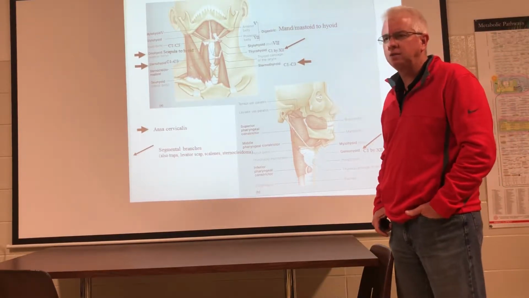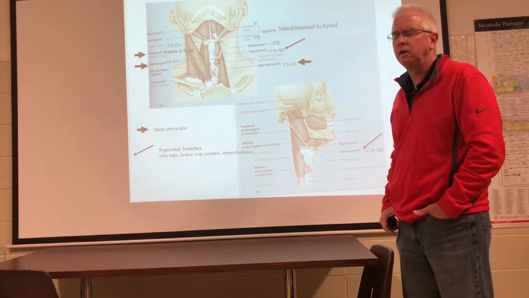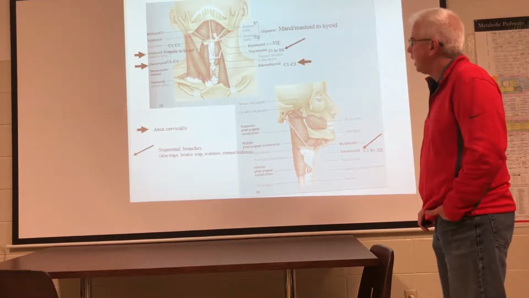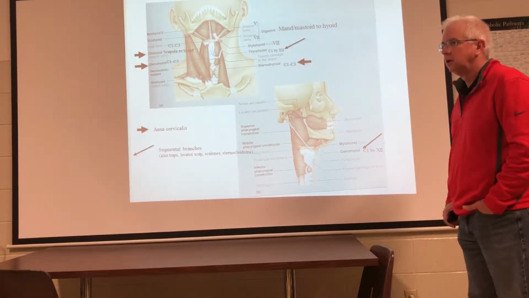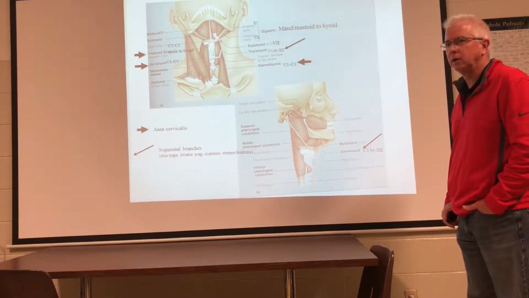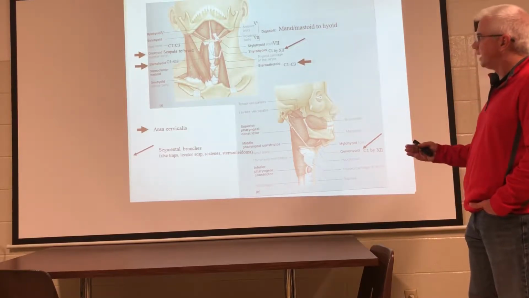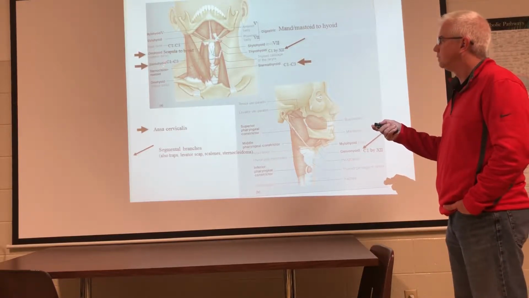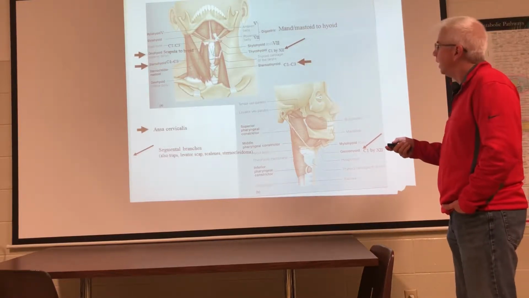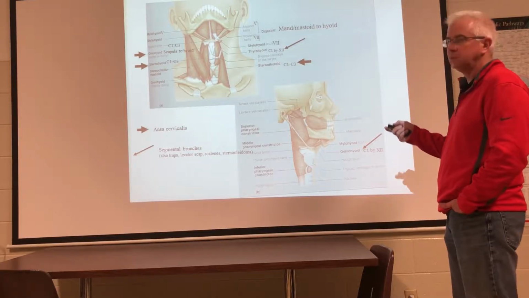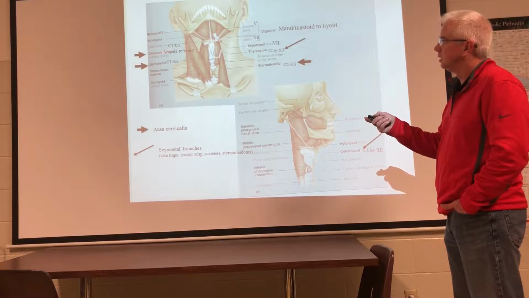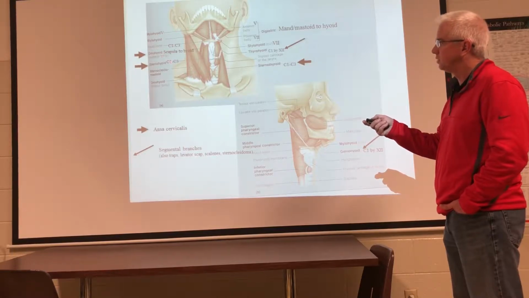The ansa cervicalis is C1 to C3, and you heard from me omohyoid, sternohyoid, sternothyroid. And you saw cranial nerve 12 contributing. Okay, so let's look at it now. All right, so the omohyoid and the sternohyoid and the sternothyroid here on this picture say that they get information from C1 to C3.